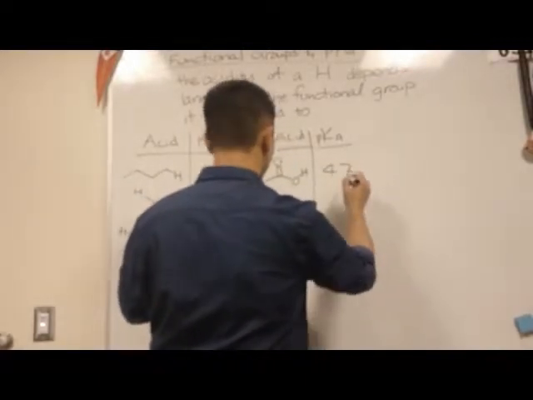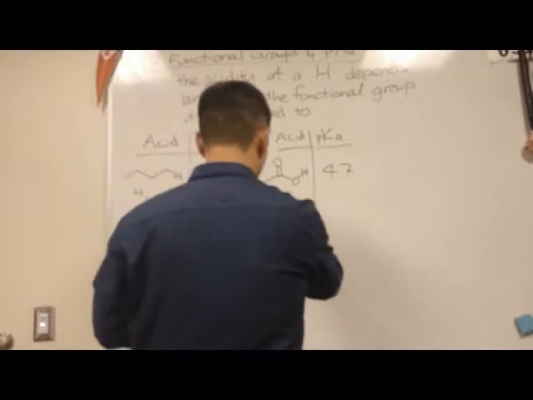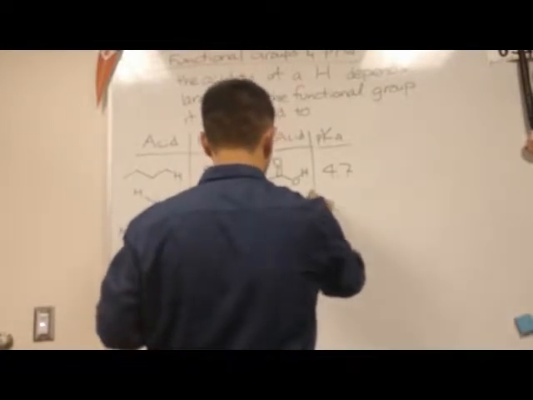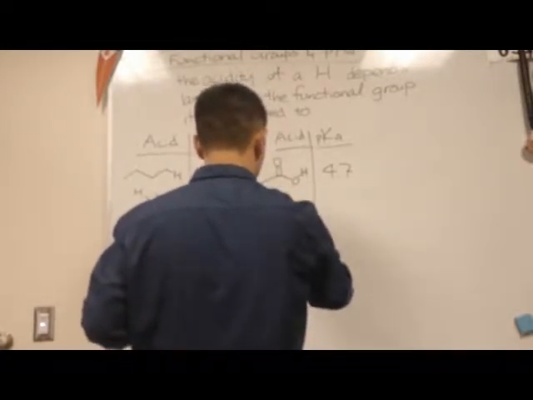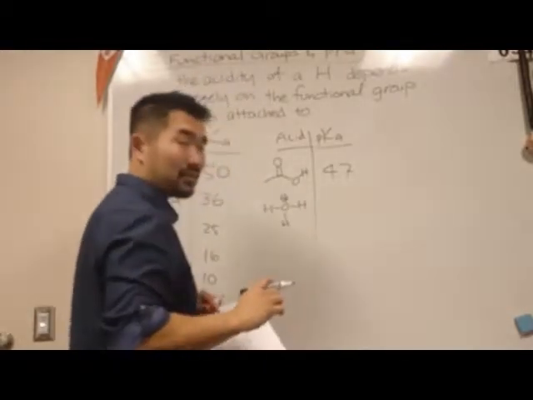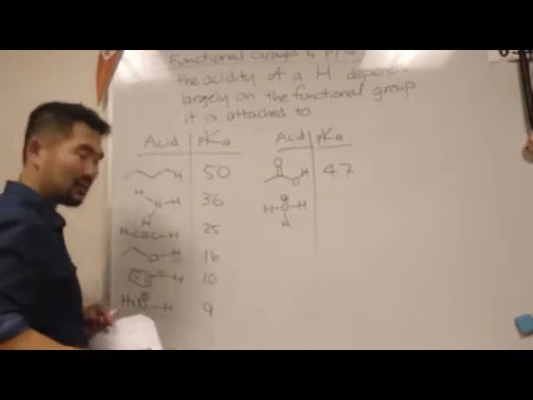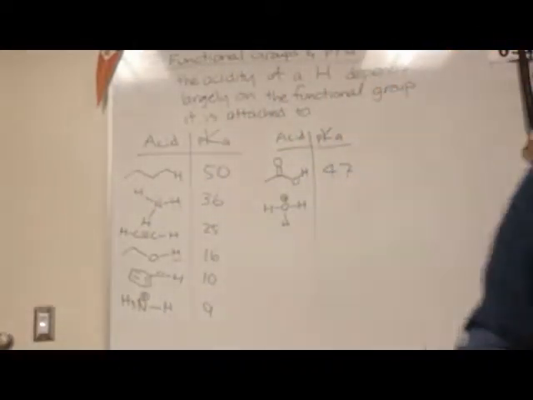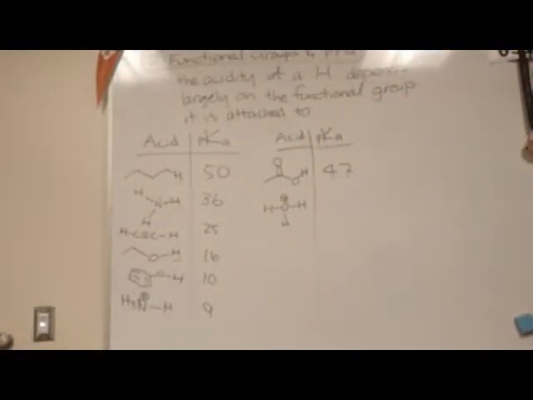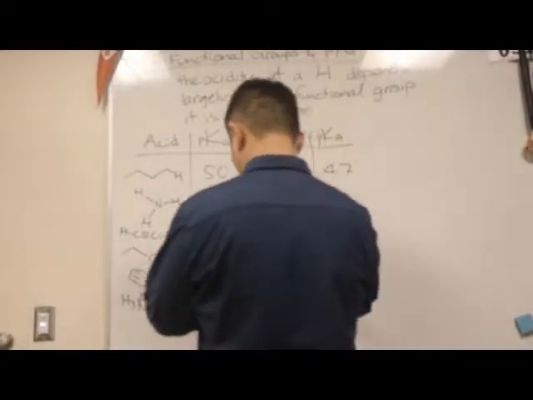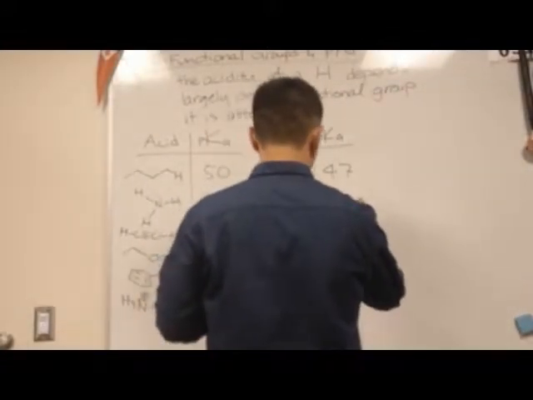Now this is around pKa of 4.7. And then the next one down would be hydronium ion. Now this oxygen does mind being positively charged a lot more than this nitrogen does in ammonia. And this is around negative 1.7.